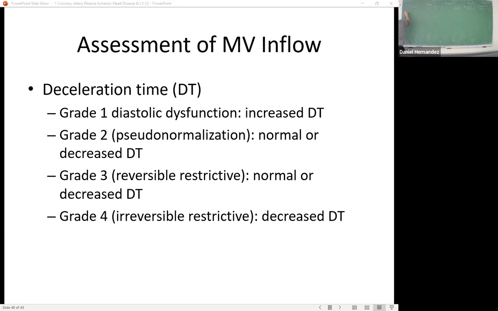So I'm just going to say pulmonary vein flow. So our waveform will typically appear like this. It's too big.